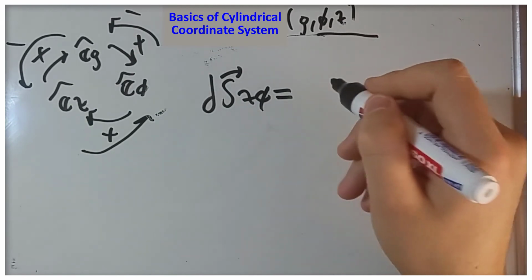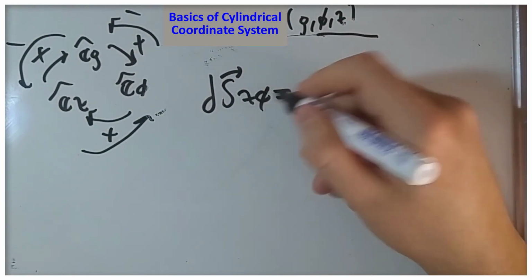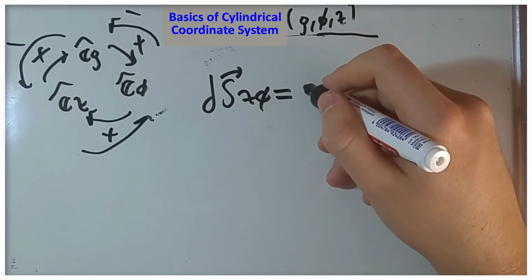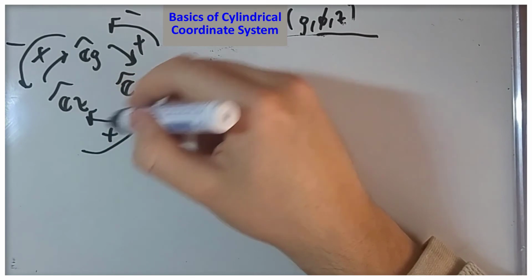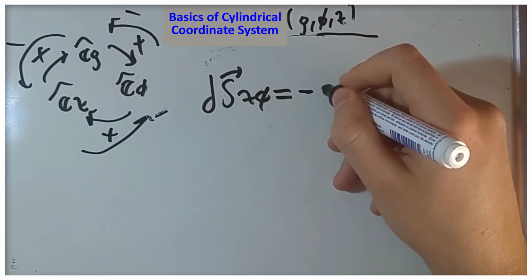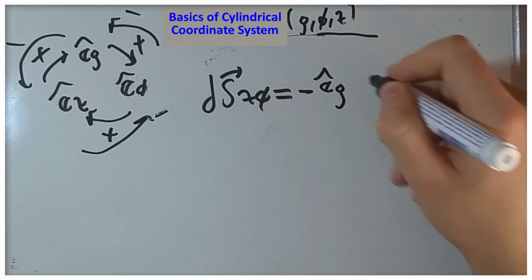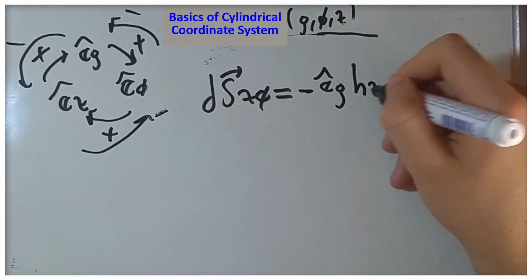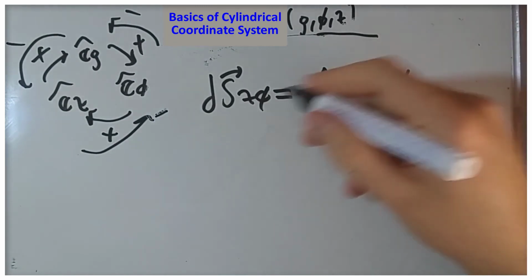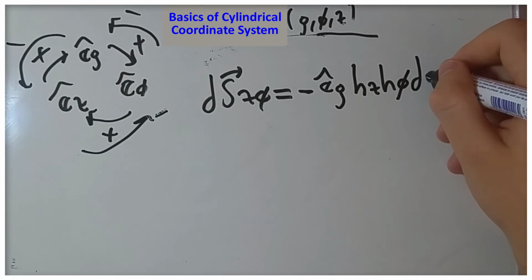The one for ds, z and phi. When you look, which one is not in the direction? It is rho, because I go counterclockwise while going from z to phi, which is minus. There is z there, phi, no rho, so their metrics are hz, h phi, and their dz and d phi.